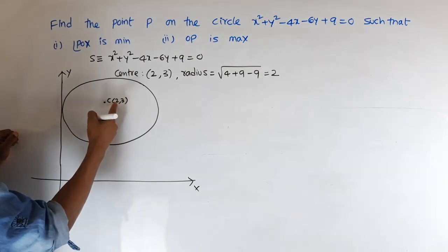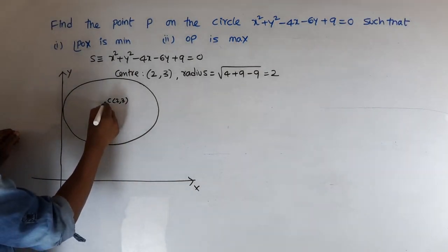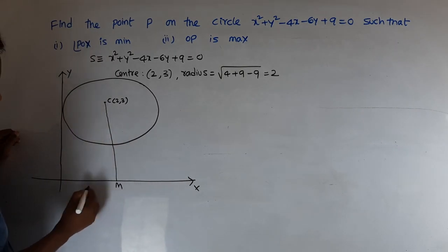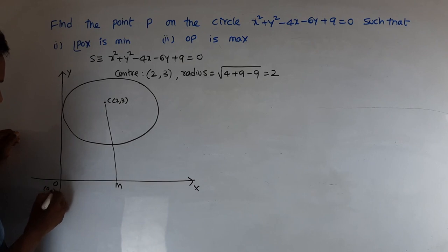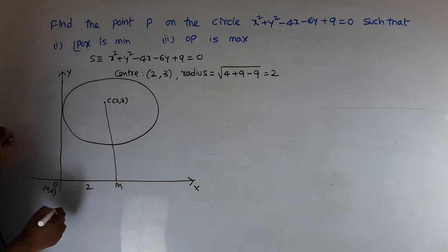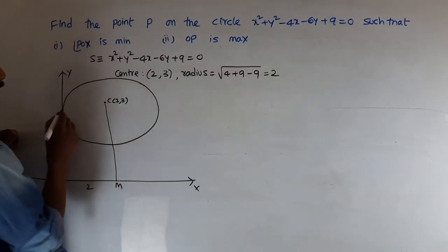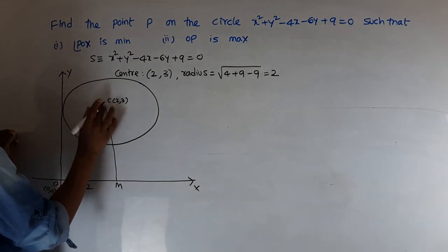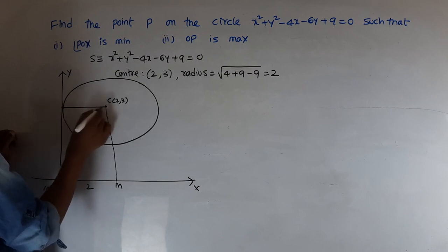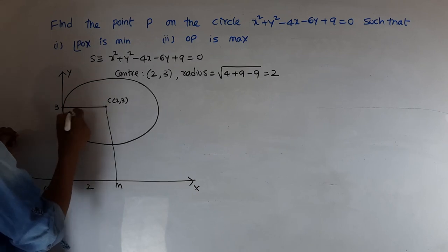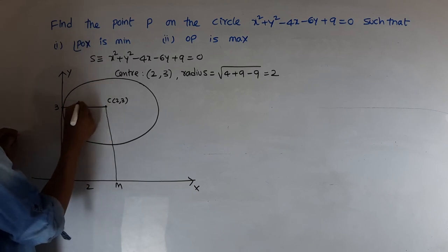O is the origin, so the length of OM is 2, and the radius is also 2. The y-coordinate is 3, and the radius is 2.